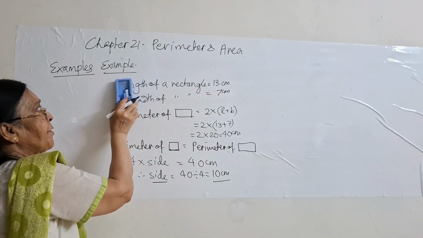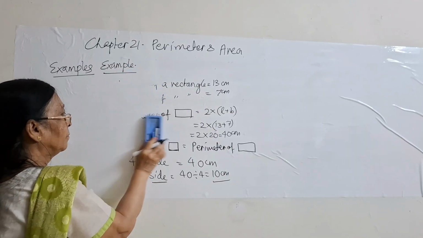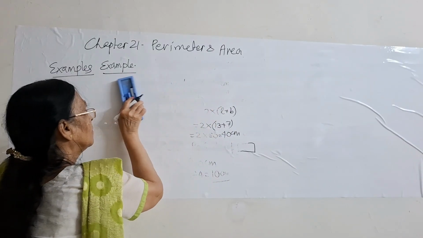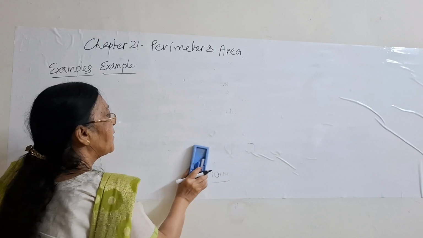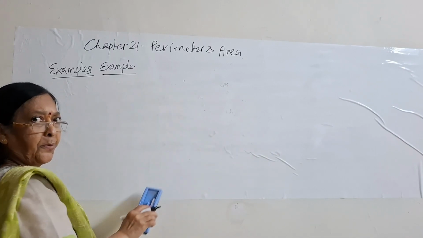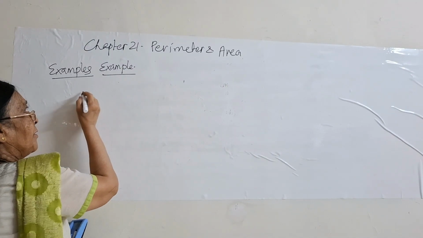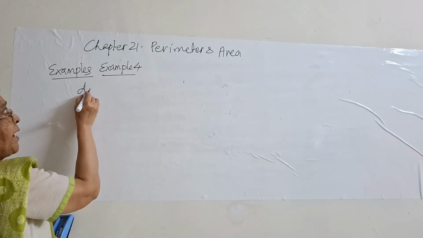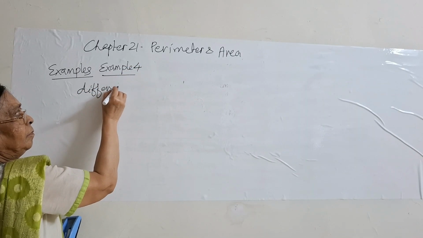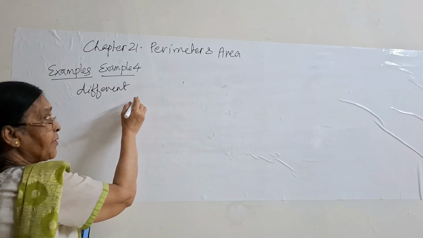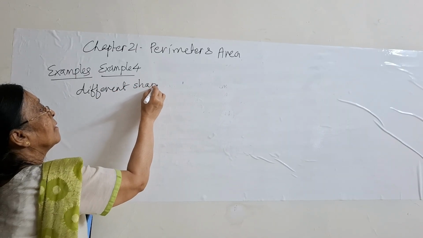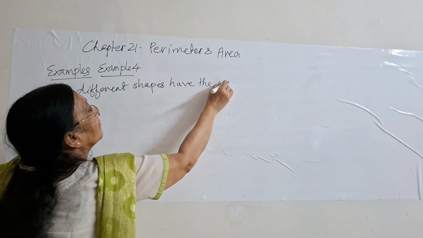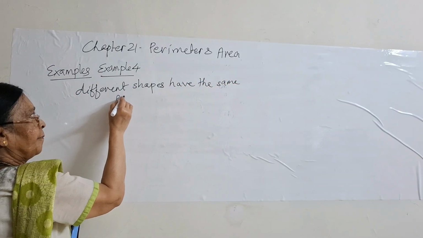Now the fourth example. Now they are saying that different shapes have the same perimeter.